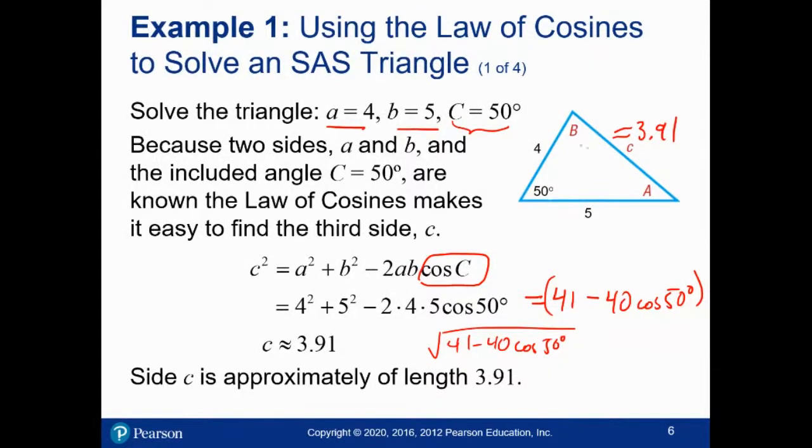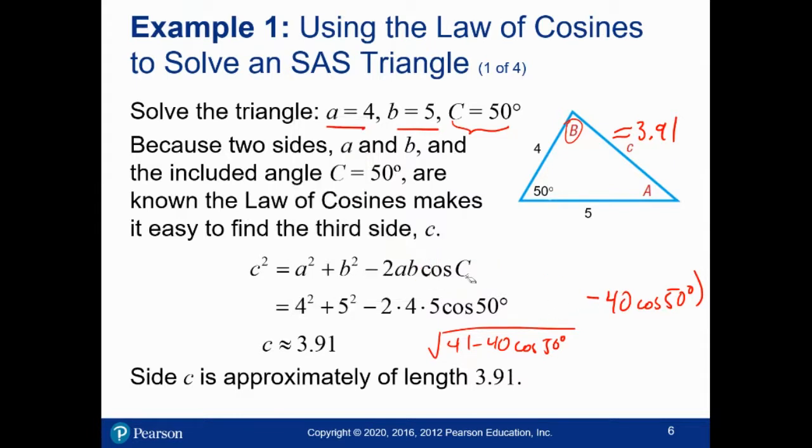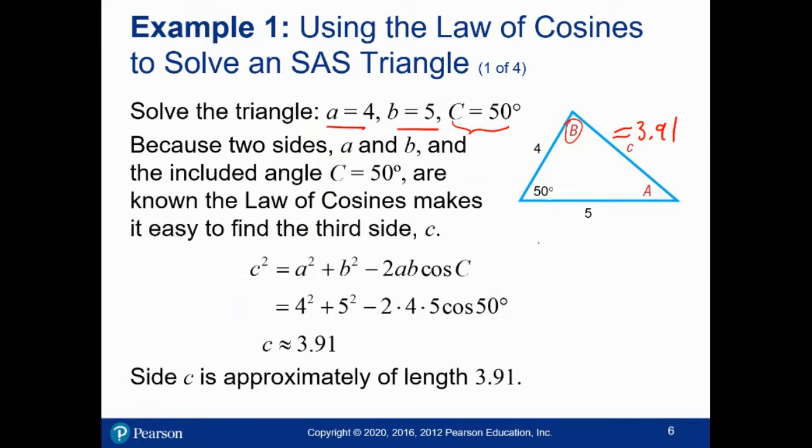So if you were going to use the law of sines, let's try to find angle B. Okay, so I'm going to erase the work so that I have some space. Suppose we tried to use the law of sines. Here's what would happen. We'd say, okay, well, the sine of B over 5 is equal to the sine of 50 degrees over 3.91.